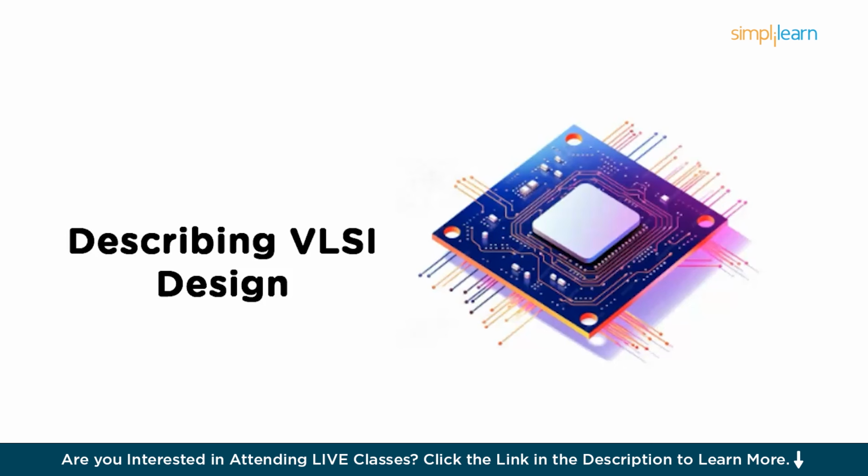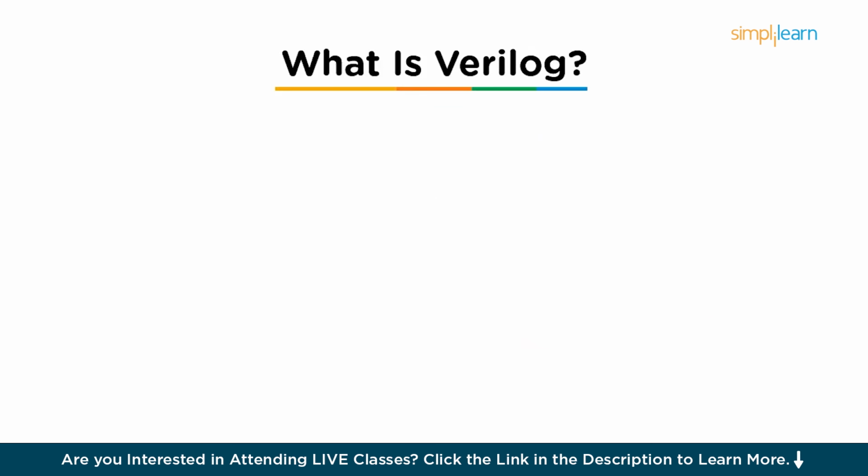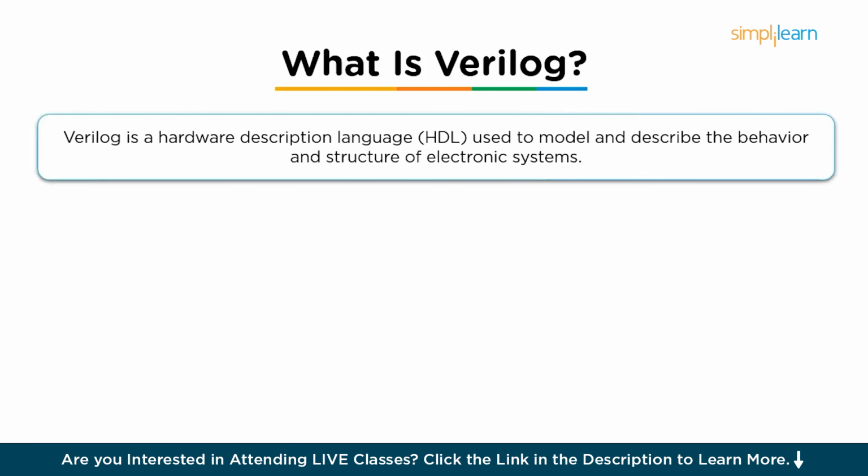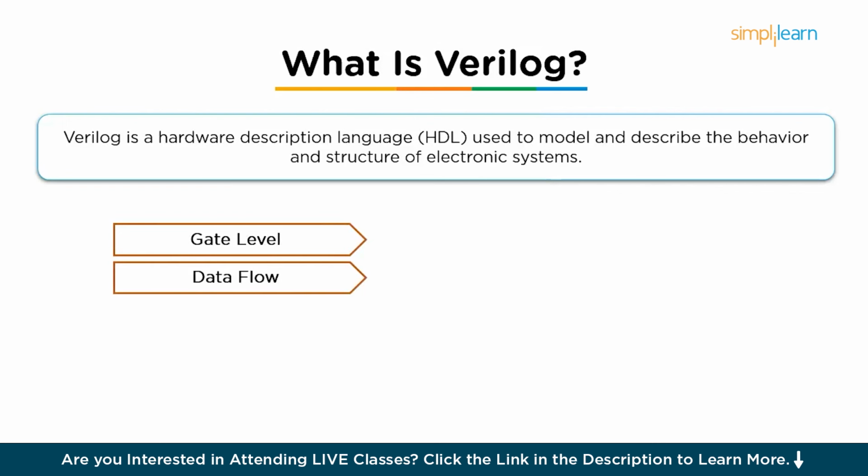So let's start with what Verilog is. Verilog is a hardware description language (HDL) used to model and describe the behavior and structure of electronic systems. It is one of the most widely used languages for describing digital circuits and systems at different levels of abstraction, including the gate level, data flow level, and behavioral level.